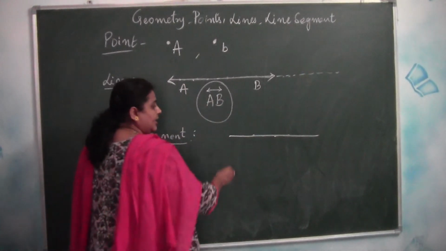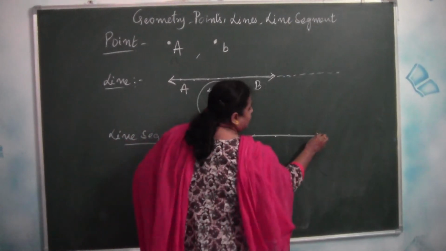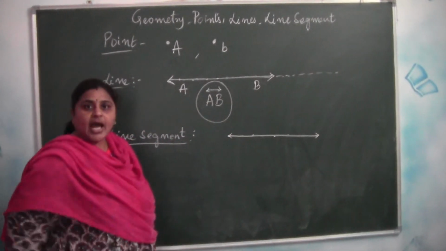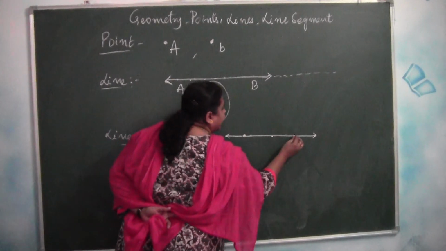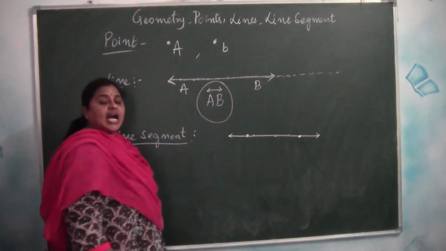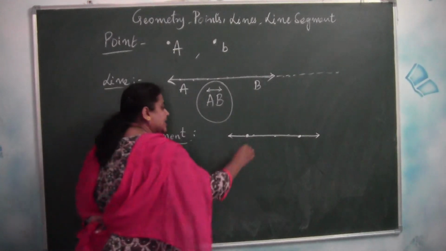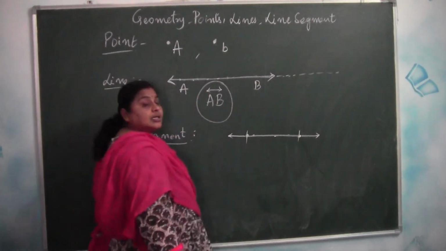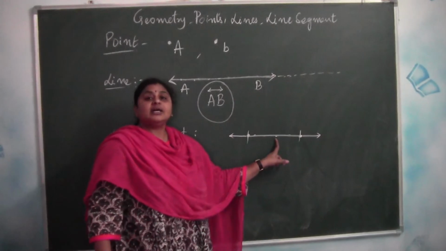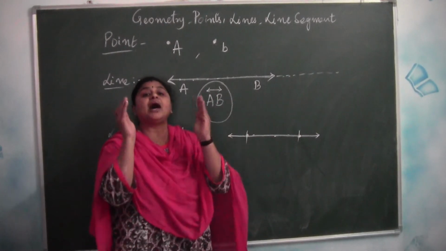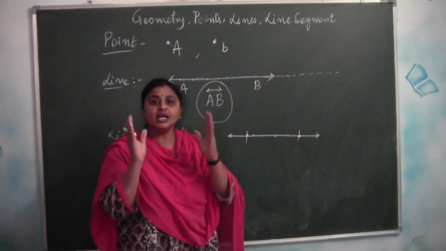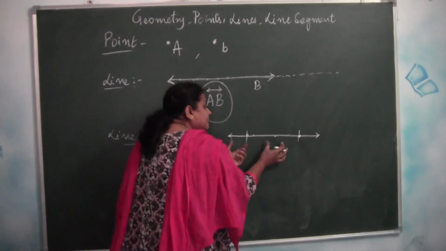A line, and I have just marked two arrows. Now in this line I will take any 2 points. This is called a segment. What is a segment? It's a part. So a part from the line.